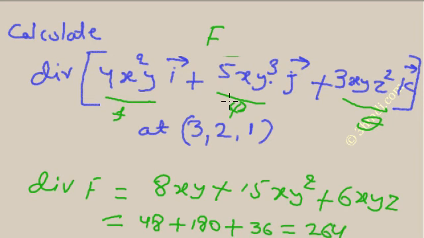So divergence of f is 264 at this point. If the point is different, the divergence of f value will be different. So the value of divergence of f is dependent on position x, y, and z.